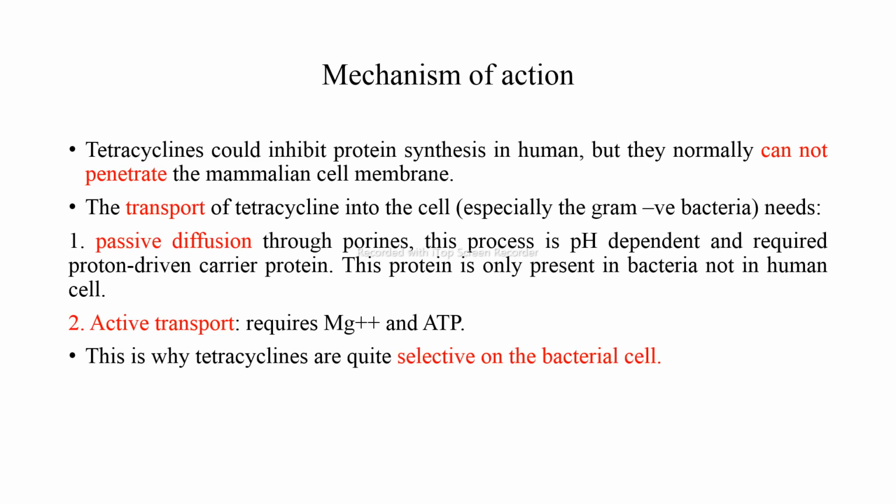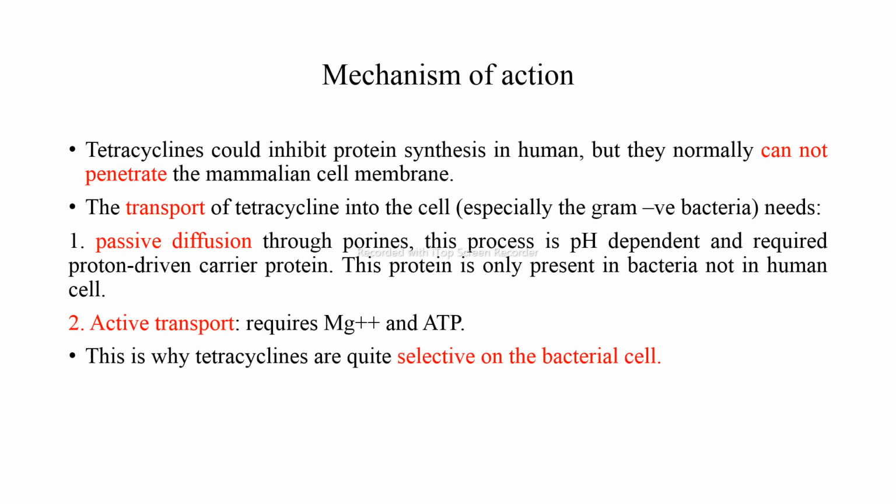Tetracyclines could inhibit protein synthesis in humans, but they normally cannot penetrate the mammalian cell membrane. So they require a certain type of transportation to enter inside the cell.